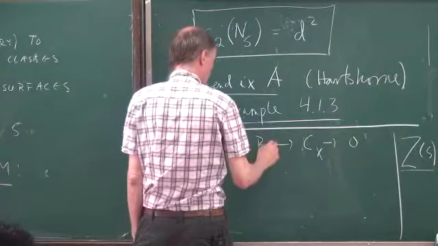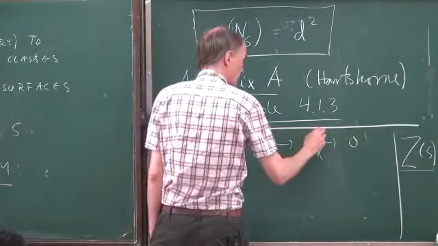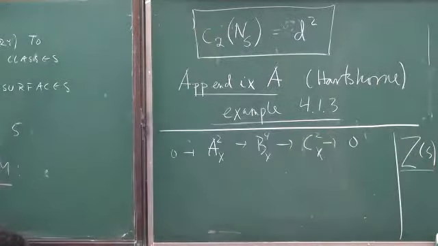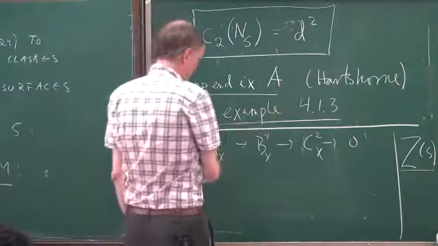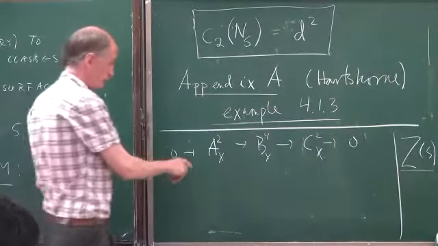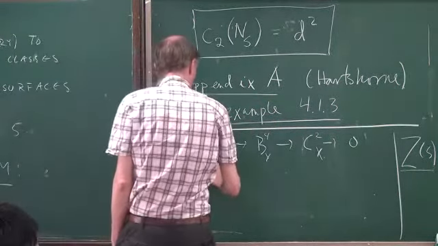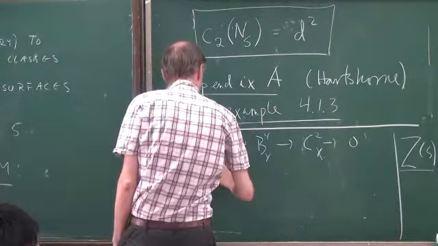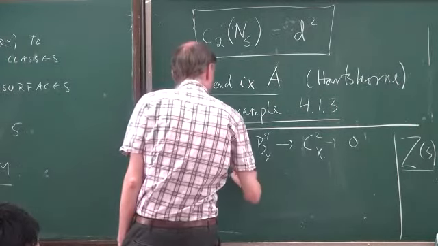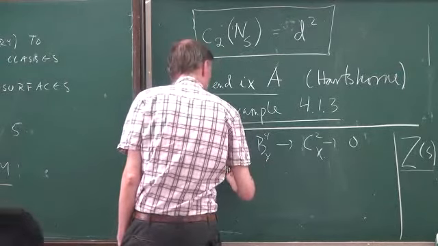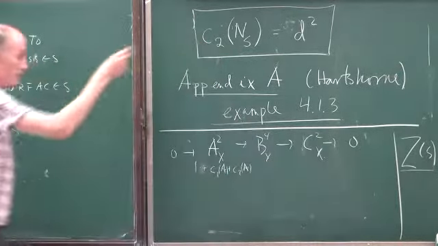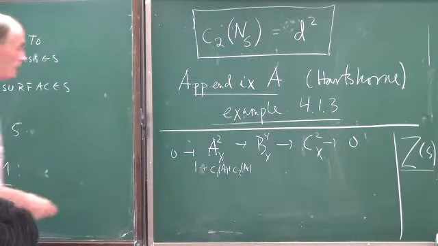You have rank 2 there, rank 4 in the middle, and rank 2 on the other side. Then A has Chern classes 1, and then C1 of A and C2 of A, as I explained, up to the rank.